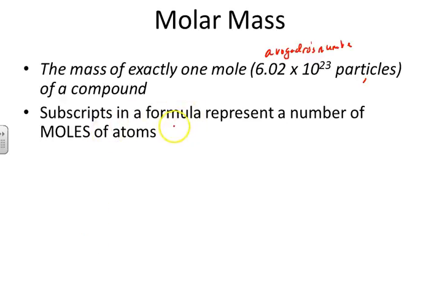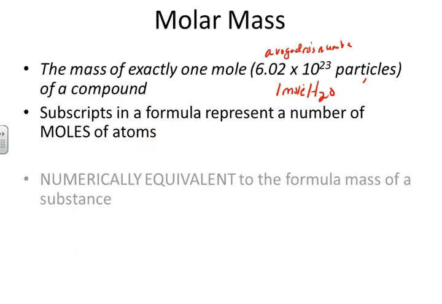The subscripts in a formula, such as in H2O, represent, if we look at 1 molecule of water, 2 atoms of hydrogen and 1 atom of oxygen. But if we have 1 mole of water, then we have 2 moles of hydrogen and 1 mole of oxygen. So our subscripts can actually represent moles of atoms instead, and that's normally the way that we do it.